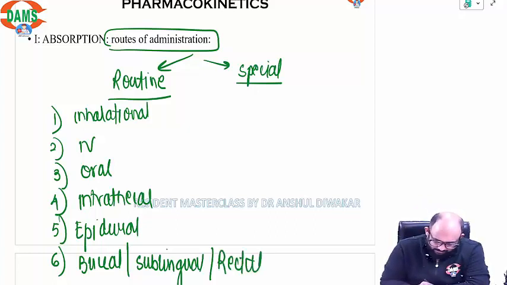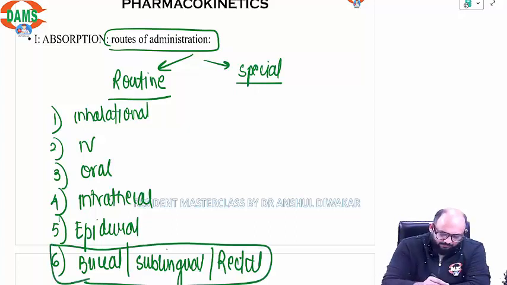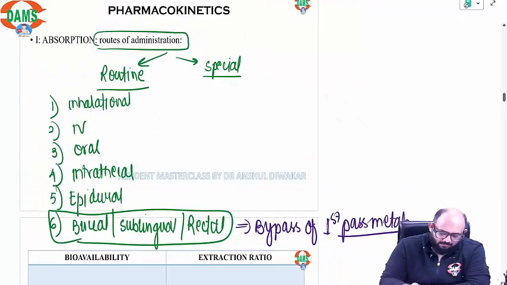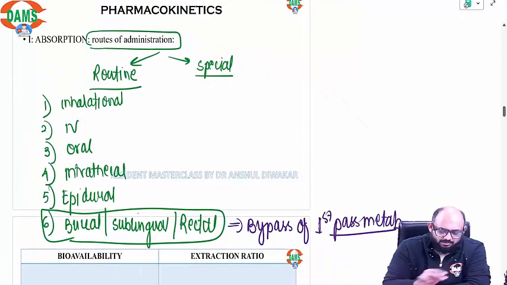All these three, there is bypassing of first pass metabolism.